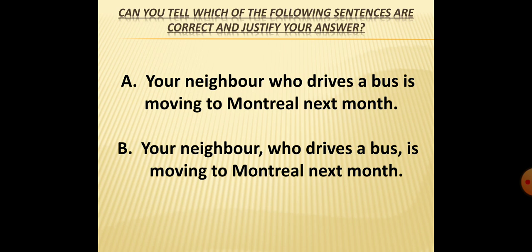The correct answer is A, because it restricts here and it defines your neighbor. Of course, you may have many neighbors, but here it restricts which one we are talking about.